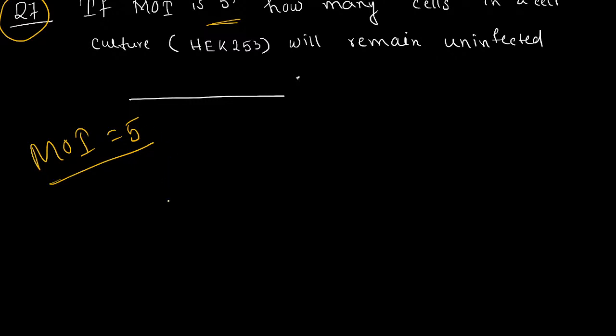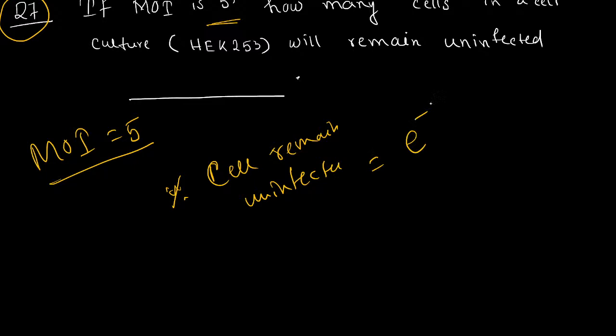What is the formula for what percentage of cells remain uninfected? Cells remaining uninfected equals e to the power minus MOI. Just calculate it. What is e to the power minus 5?